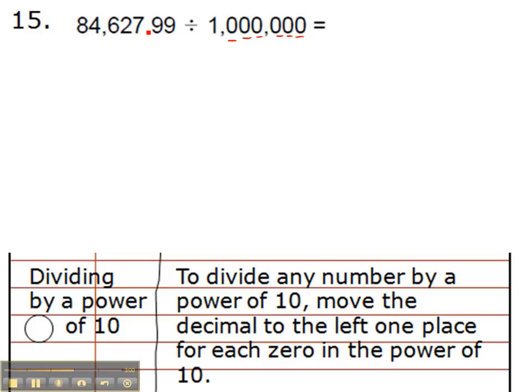So we move this decimal to the left this time. We're dividing, we move it to the left 6 places. So let's write it again. 84,627.99. Move it to the left 1, 2, 3, 4, 5, 6 places. It lands there. We have one empty space here.